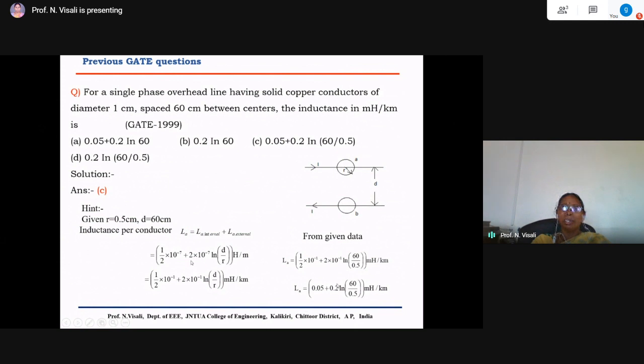After simplification, with millihenries per kilometer, you get 0.05 plus 0.2 ln(60/0.5) millihenries per kilometer. So that is the answer. They have given millihenries per kilometer, so this will be the answer. If it is henries per meter, then this may be the answer.